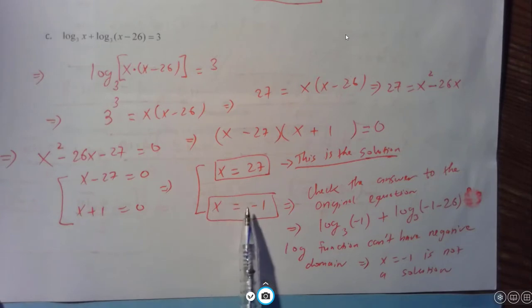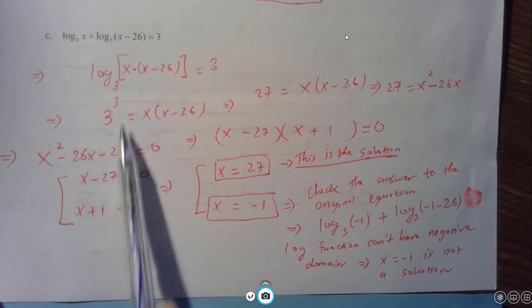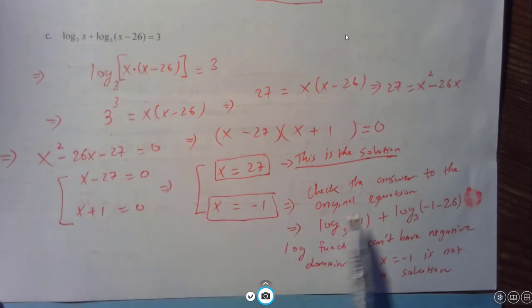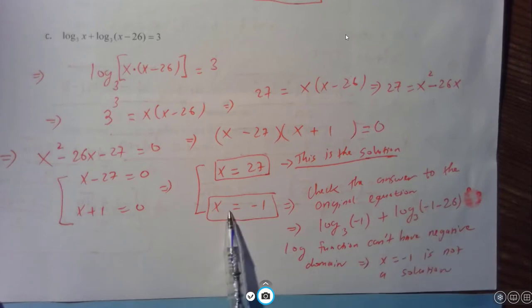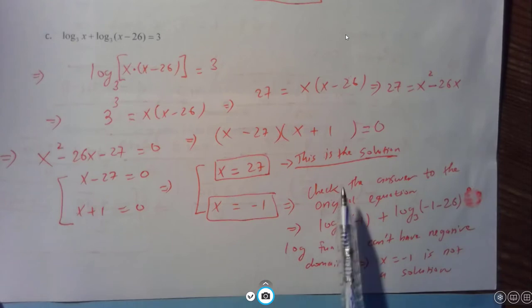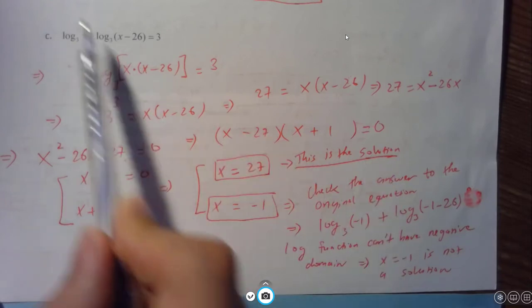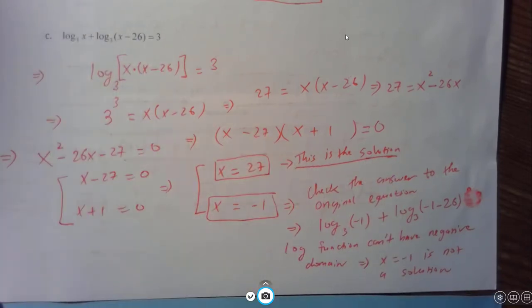Therefore, this cannot be the solution. Or, if you can plug in directly minus 1 to this function right here, you can see that it doesn't make sense to have a minus for the domain, the same thing here. So this one is not the solution. Only the number 27 is the real solution to this log equation.